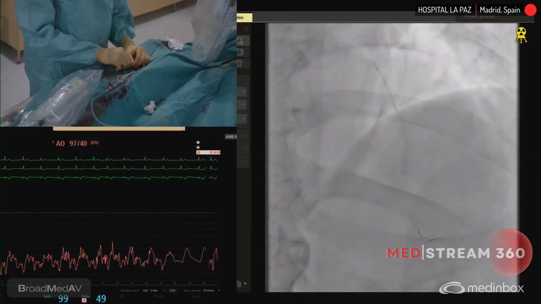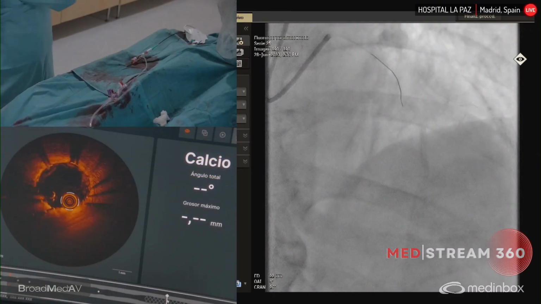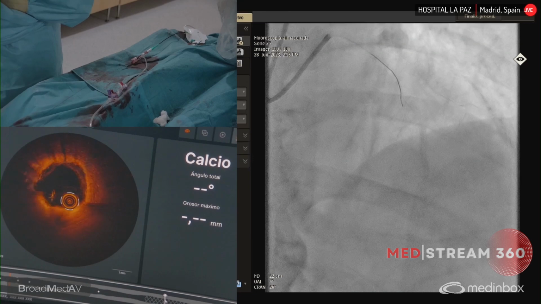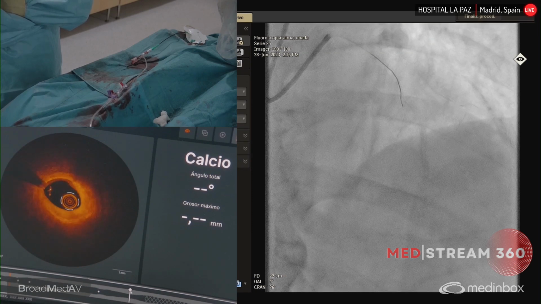I think I am now in the distal part. You can see how the malapposition has improved, has been corrected, but in the proximal part of the stent, there is some moderate fibrous-rich plaque, and there's some lipid-rich tissue. Probably this zone is based on macrophages, as you can see here, and there is a plaque with a thick fibrous cap.